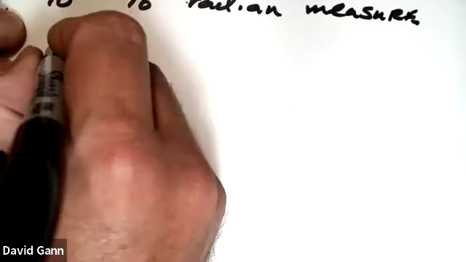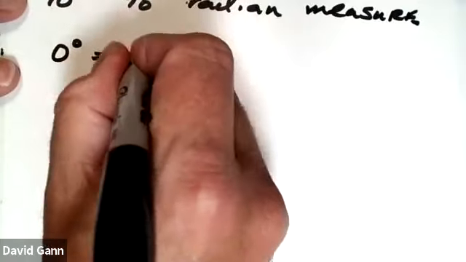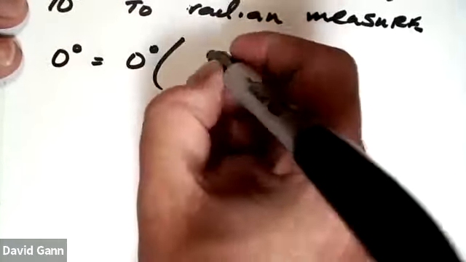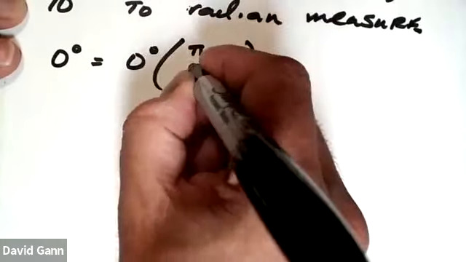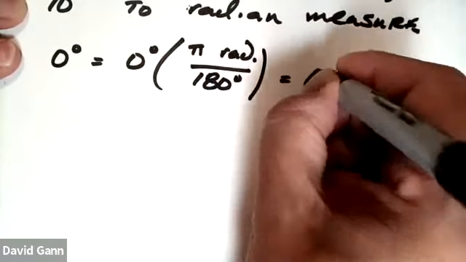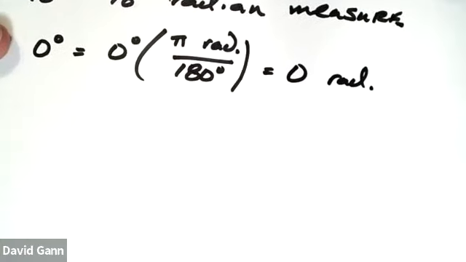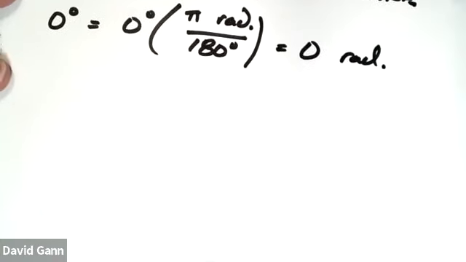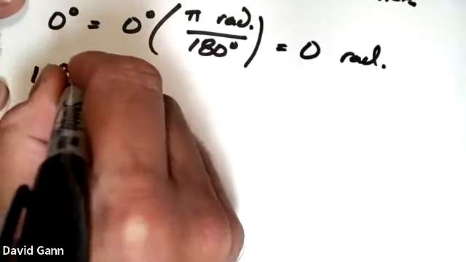So 0 degrees should be pretty obvious. We're going to multiply by the reciprocal of the ratio that I had before, pi radians divided by 180 degrees. This is a pretty boring conversion because it turns out to be 0 radians, okay? But with some of these others that are a little more interesting, let's say 15 degrees.